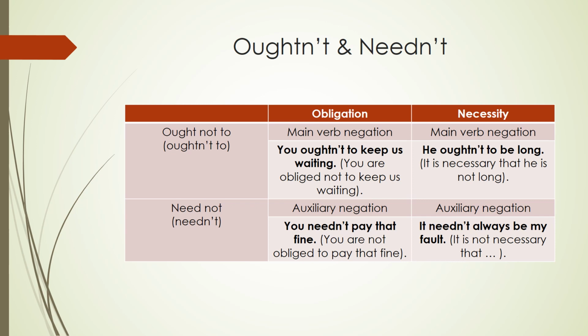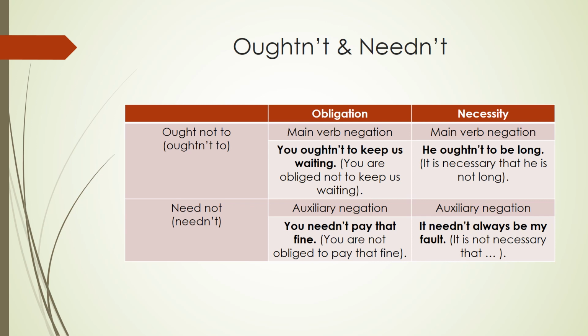When we use ought to express obligation, in the above example with ought to, we say you are obliged, because ought to was put outside the scope of negation, so its meaning is positive. But needn't, because need is included in the scope of negation, it is going to have a negative meaning, so it becomes you are not obliged to pay that fine.